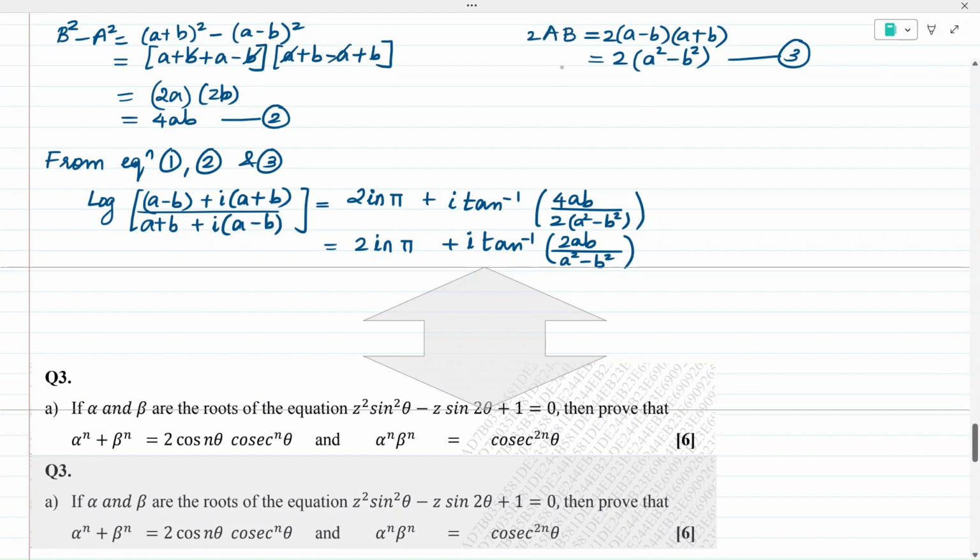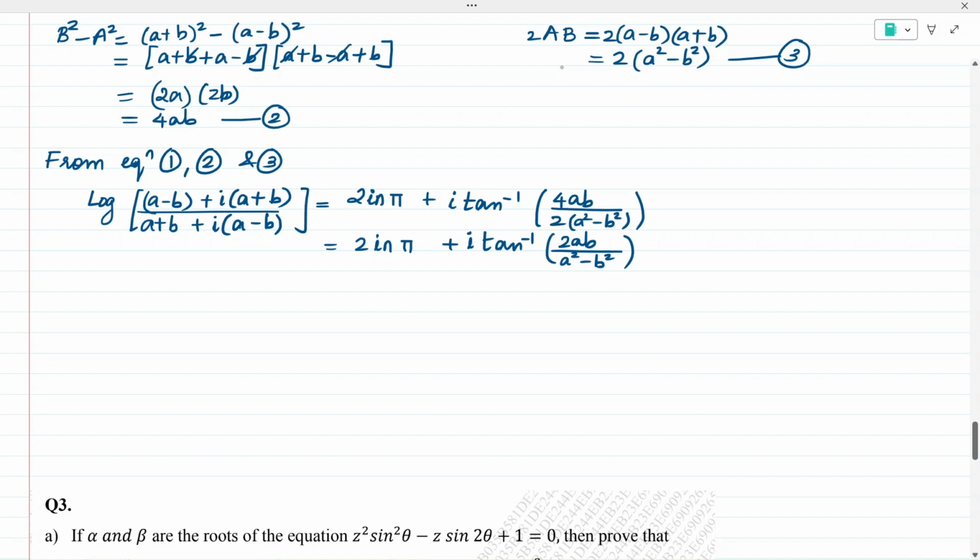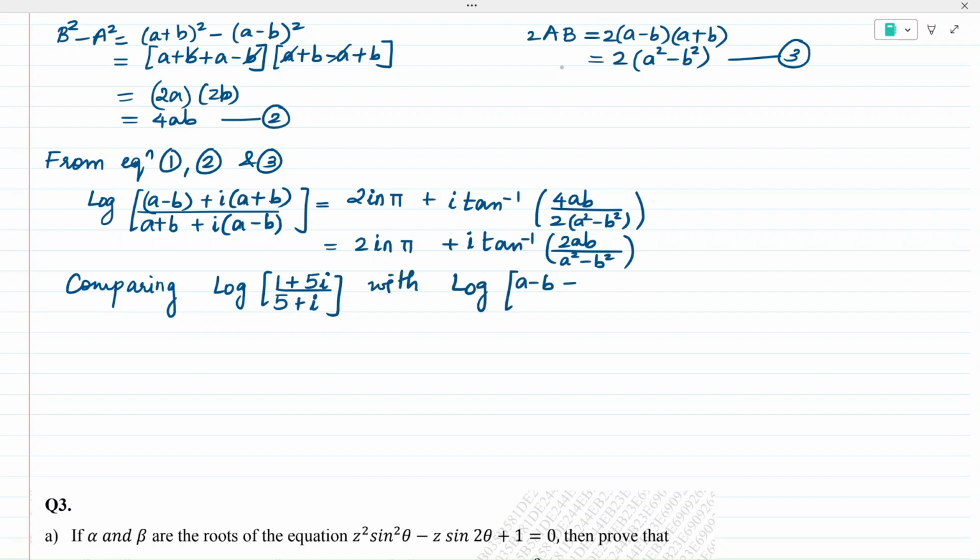So, comparing log of 1 plus 5i upon 5 plus 1i with log of a minus b plus I times a plus b and a plus b plus I times a minus b, I'll get a minus b is 1 and a plus b is 5.